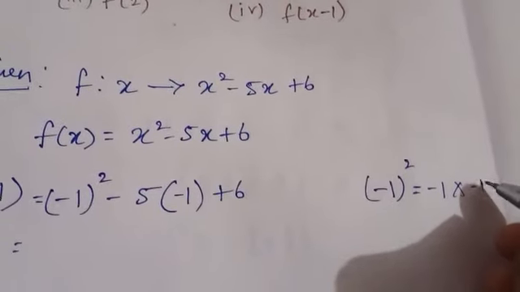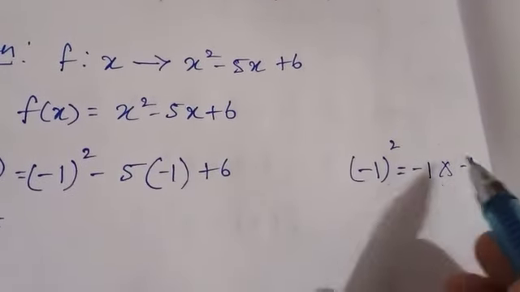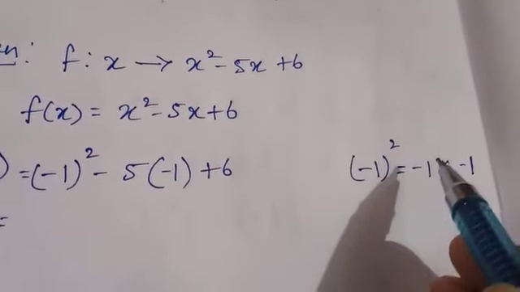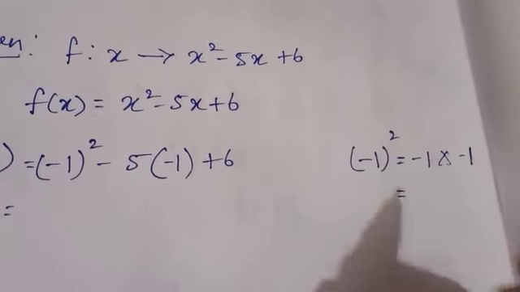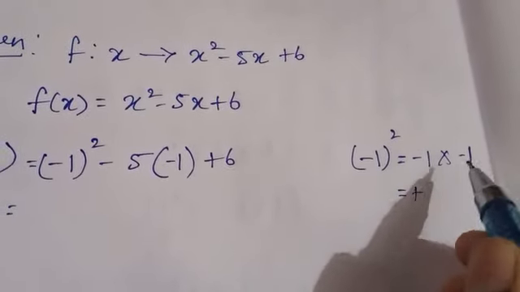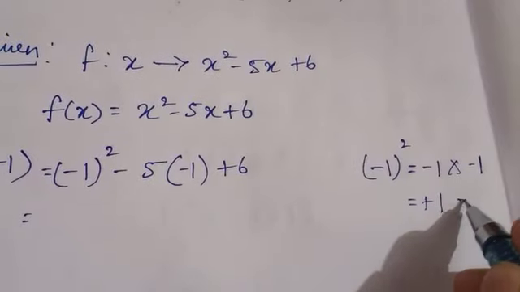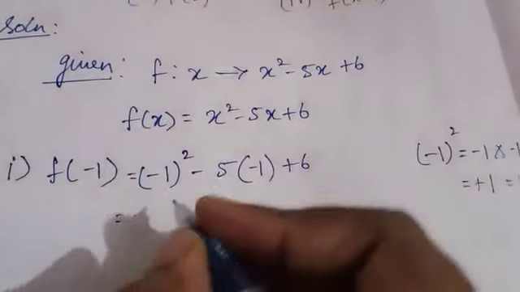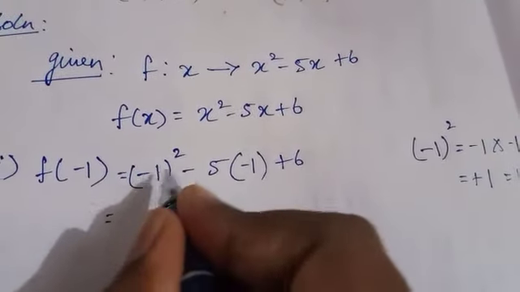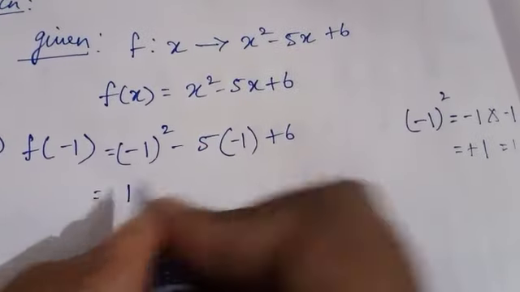While multiplying, first we have to multiply the sign. So minus into minus is plus. 1 ones are 1. So the answer is 1. So minus 1 square is 1.